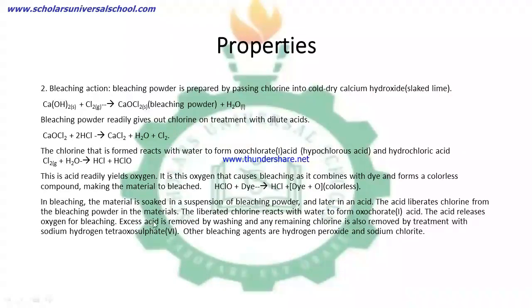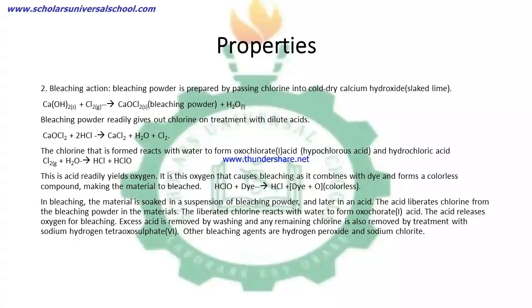Now, excess acid is removed by washing, and the remaining chlorine is also removed by treating with sodium hydrogen tetraoxosulfate(VI). The excess acids produced from these reactions, and also the excess chlorine gas produced, are removed by treatment with sodium hydrogen tetraoxosulfate(VI).